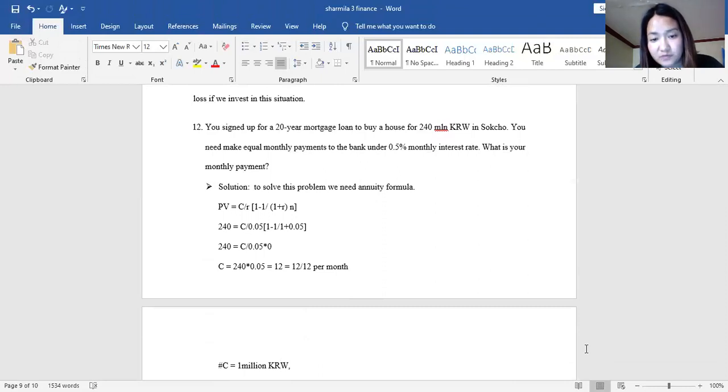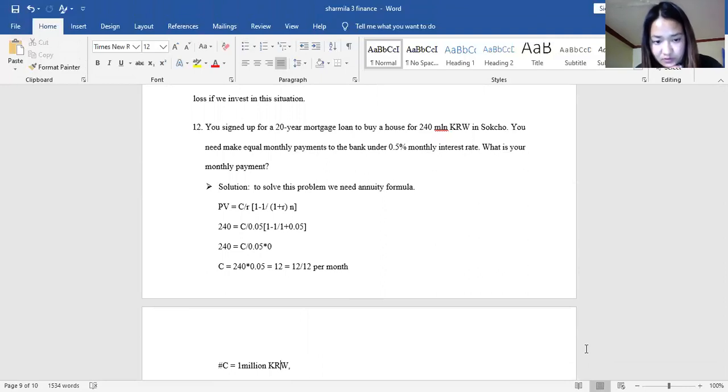To solve this we need the annuity formula. By the given formula, PV equals C divided by R times the bracket 1 minus 1 divided by (1 plus R) to the power N. So 240 equals C divided by 0.05 times 1 minus 1 divided by 1 plus 0.05.